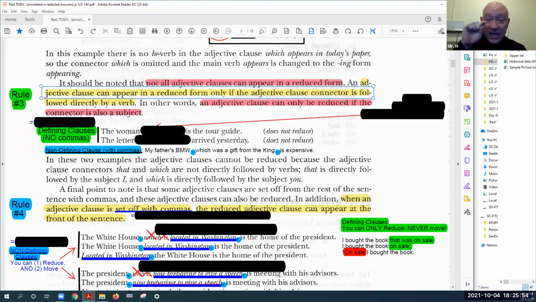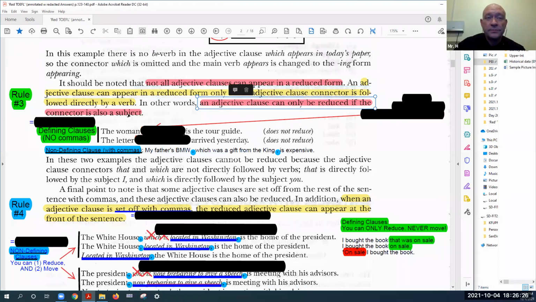It must be a connector subject, right? Remember in skill 12, after the connector subject, we always put the verb. So that's basically rule number 3. You understand? It's a connector subject followed directly by the verb, exactly. Keep going, Yazan.